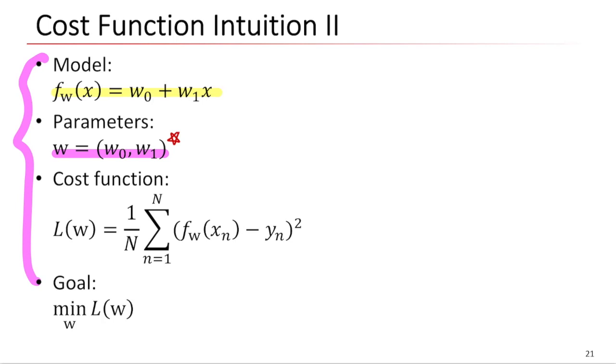In this case, the cost function can be represented like this as usual. The goal of this linear regression problem is to find the parameter w that minimizes this loss function. So this is what I want to do.